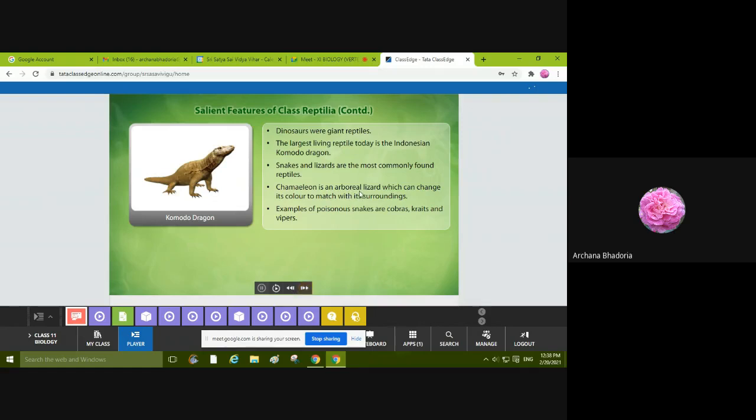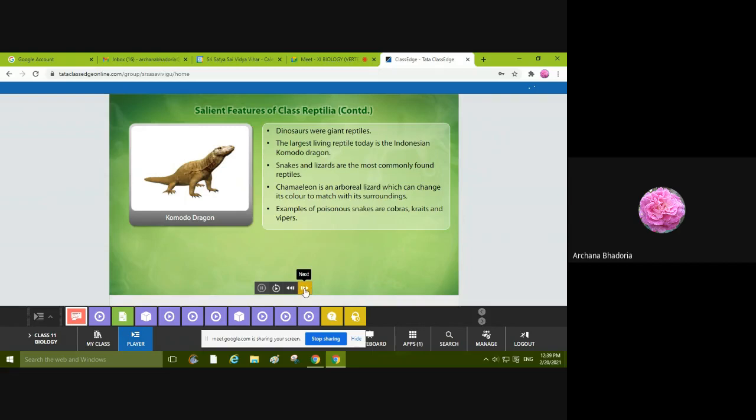Aquatic means found in water. Terrestrial means on land. Arboreal means on the trees, and aerial means what? In air, using the air for flight. It is not that they live in the air, but they will be flying, children. So you call it aerial.